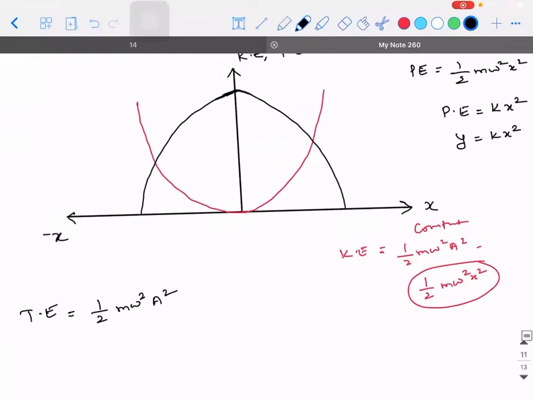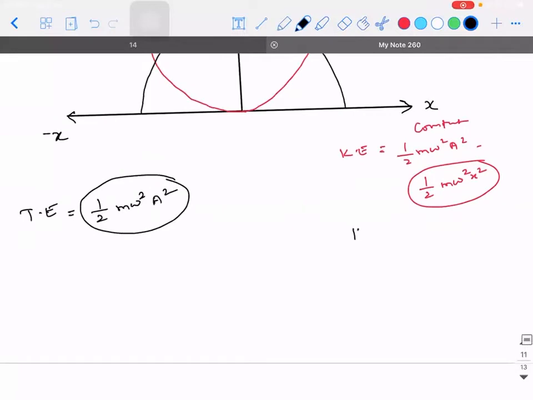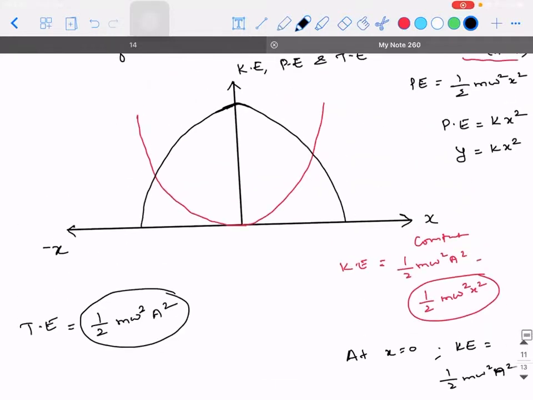It is independent of x, right? So where will this value of half m omega square a square exist? Observe, kinetic energy is equal to this value. At x equal to 0, what is going to be the kinetic energy? Half m omega square a square, which is nothing but this value. I'm putting a dot here.